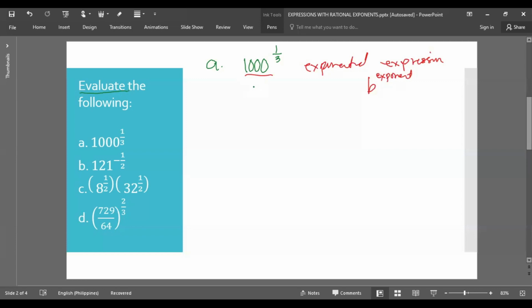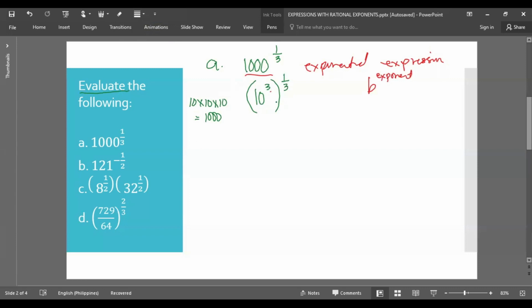So 1,000 can also be written as 10 raised to 3 because 10 times 10 times 10 is 1,000. This is now the base and this is the exponent. Then put it inside the parentheses, then copy the exponent.